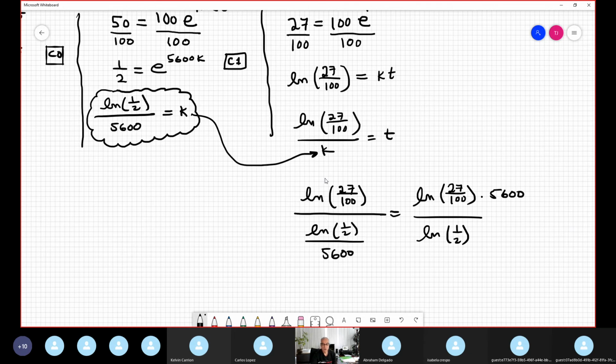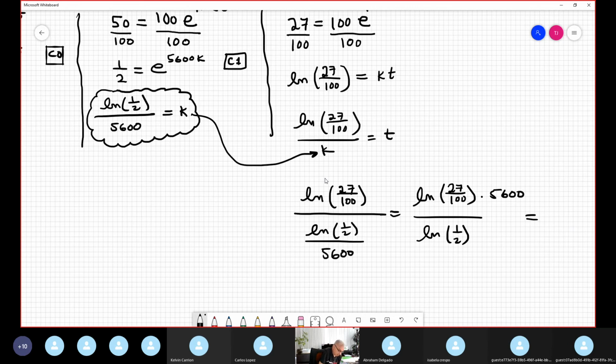Because you know this is this guy and reciprocal this multiplication and get the same answer. Let me try. I prefer the way, okay, put in a calculator.